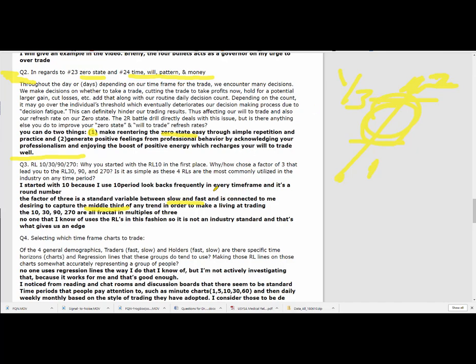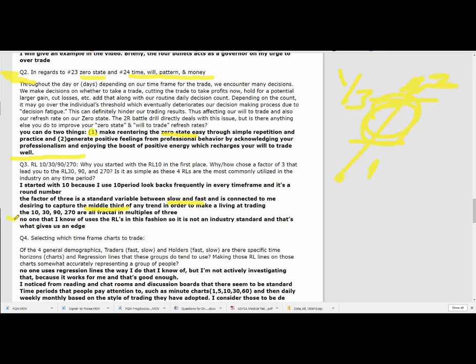Now I've also read some other things from some systems developers that I really respect, and they say any ratio between 2 to 1 and 6 to 1 between fast and slow is reasonable, so using 3 or 4 puts you right in the middle of that sweet spot. I just prefer 3 because I started that way and I like it.